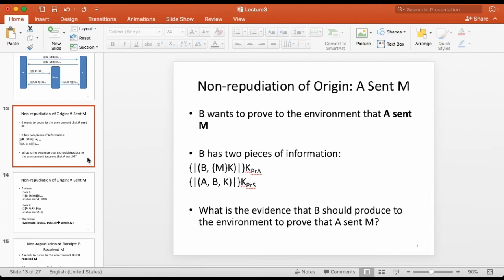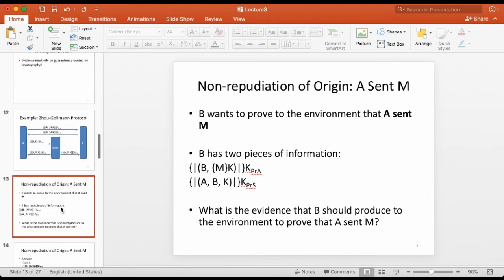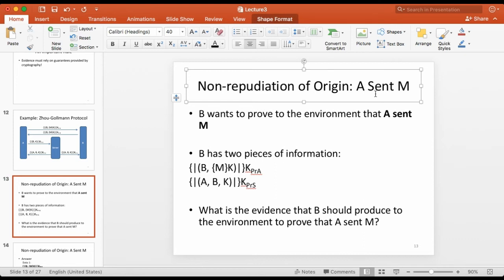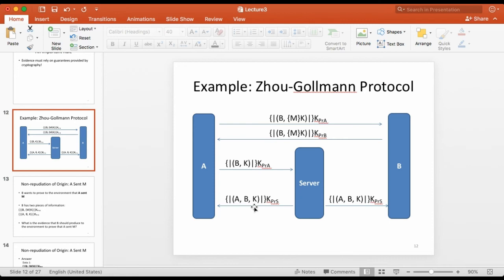The idea here is that B would like to prove that A indeed sent message M. So the non-repudiation in this case is revolving around whether you have sent or received message M in this protocol. Okay, so this is what you would like to prove, and you can think of this message M, for example, as the receipt for a certain transaction.